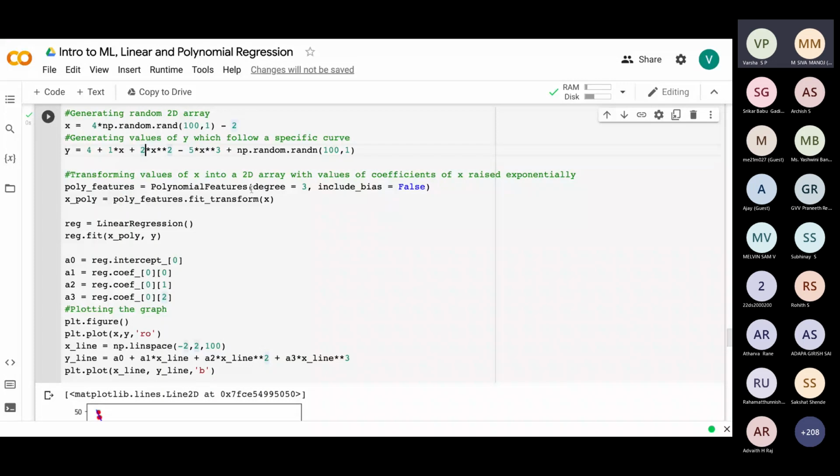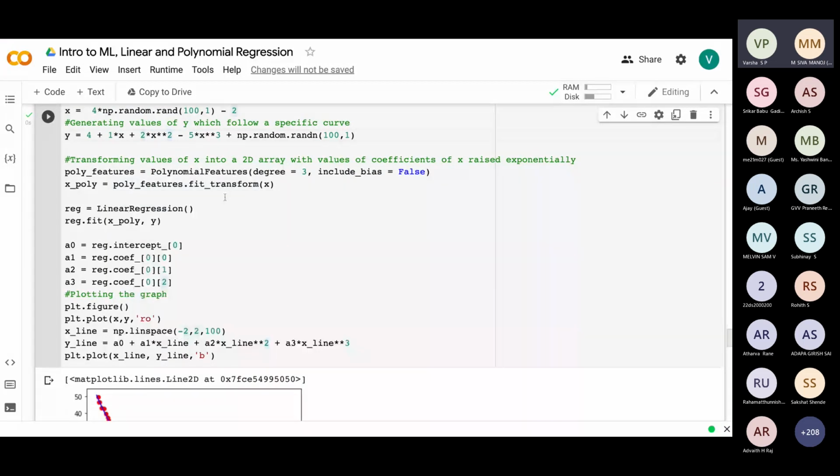Here we want it till degree 3. You can choose degree 1 or 2 or 3, and this is related to overfitting and underfitting, which we'll be seeing later. So I chose degree 3 here, and we use the polynomial features command to get a 2D array.